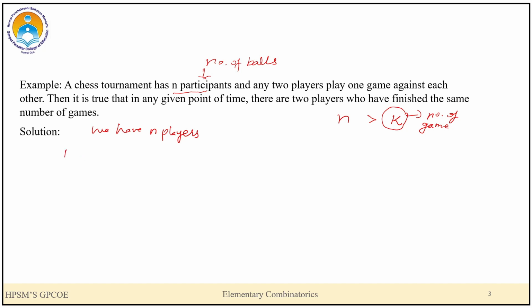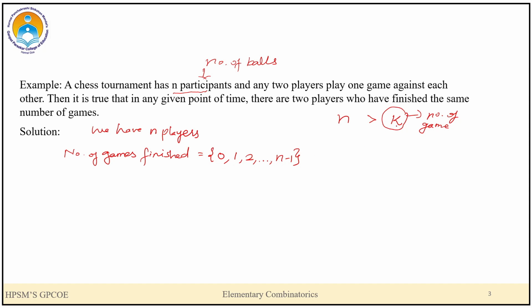So number of games finished can be any one value among these elements 0, 1, 2 up to n minus 1. Now if you count these numbers, how many do we get? We get total n of them.